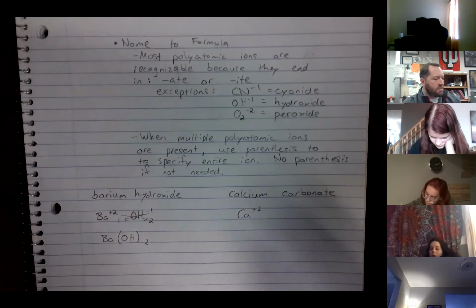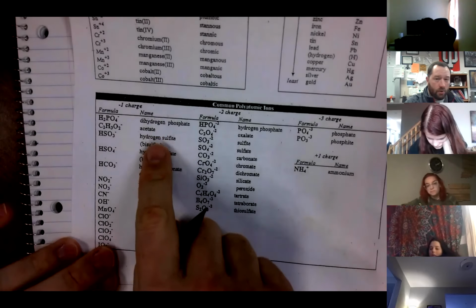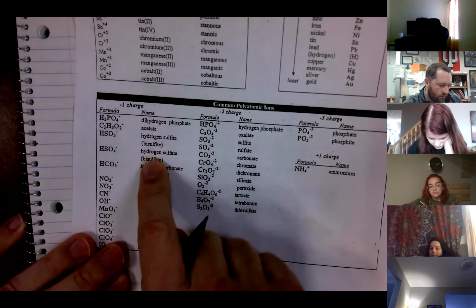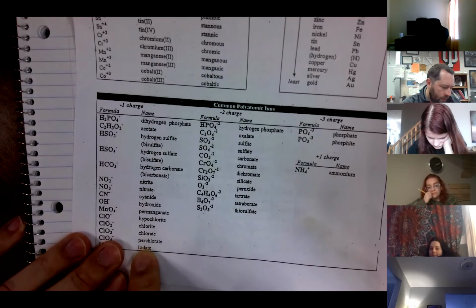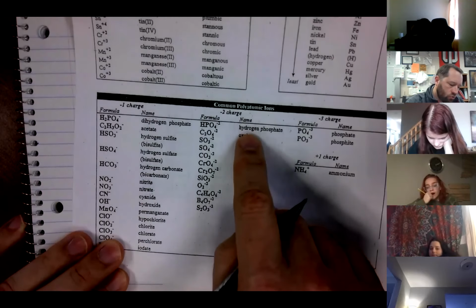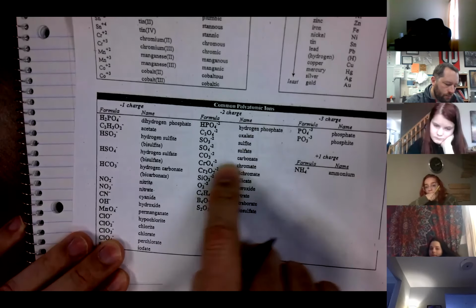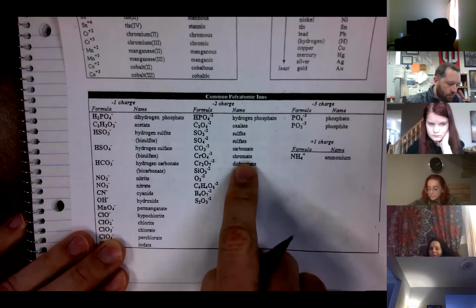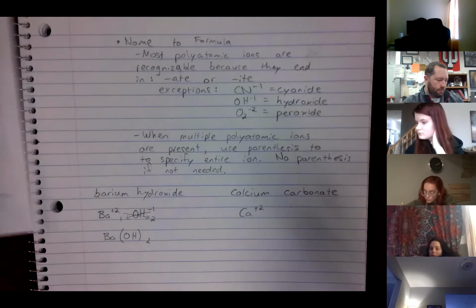Now we need carbonate. And again, it might take a few tries before you guys start getting the hang of it, and that's fine. We need to find carbonate. Not in this list. Aha, there he is. CO3 with 2 negative. Again, everybody in this list is a 2 negative. So carbonate, CO3, 2 negative.